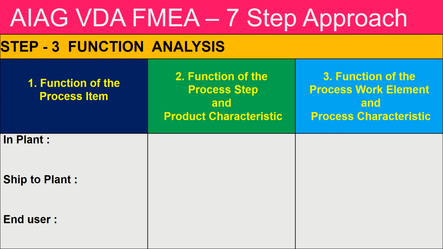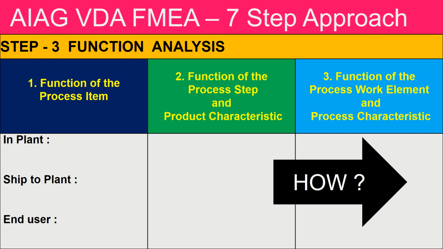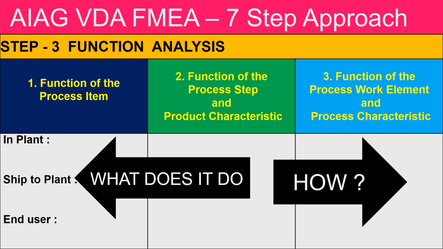It can be measured when the product is being made. So this process characteristic answers how the product characteristic is being made, and how the function of the process item is related to the process step is answered through what does it do.